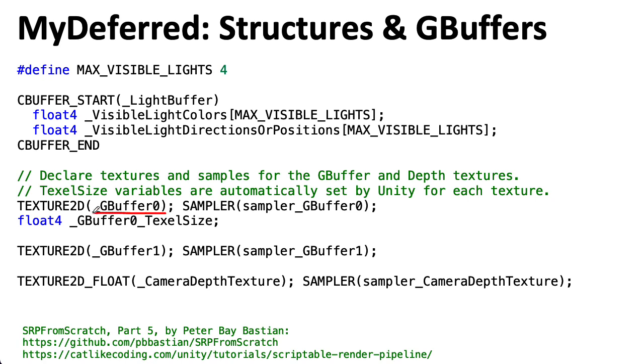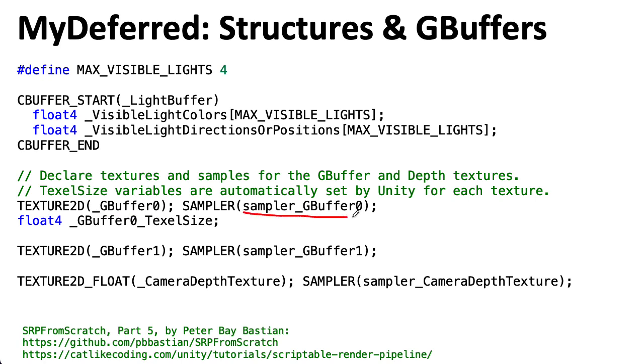So we're defining GBuffer0 and GBuffer1, but the style we're defining this with is a little bit different than what we've used before. Previously, we used tex2D, where tex was in lowercase, and here we didn't have a separate data structure associated with sampling from the texture. But in this new style where we use this texture 2D macro, we also use the sampler macro, where we prefix sampler to the name of the texture.